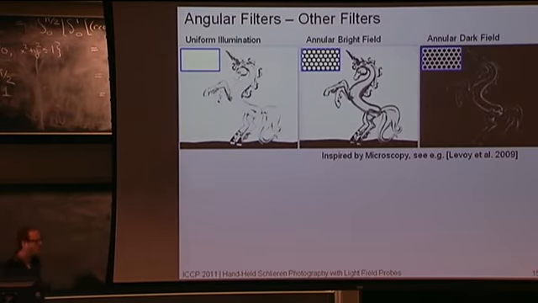We can also encode a variety of different angular filters in these kinds of probes. In this case, we see an annular bright field and an annular dark field, which is inspired by filters used in microscopy. At this point, I would like to point you to Marc Levoy's excellent work on light field illumination for microscopy.